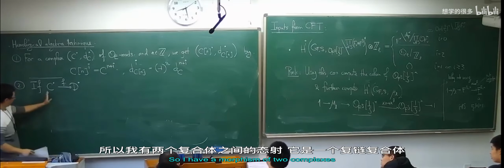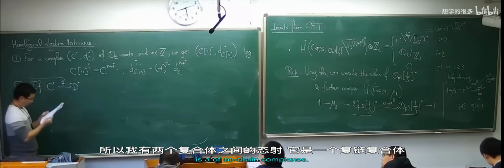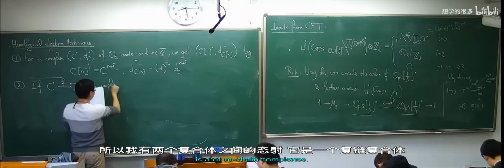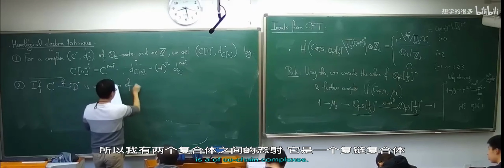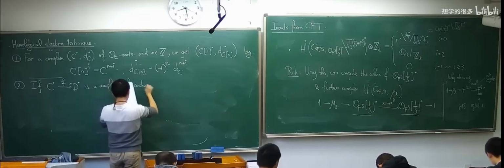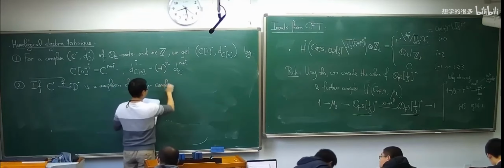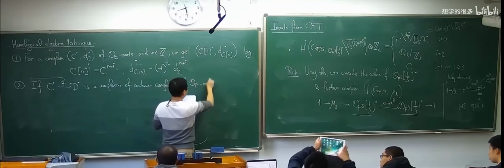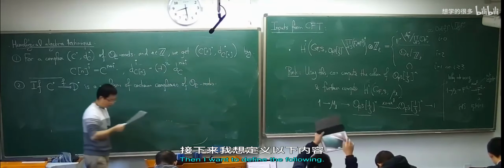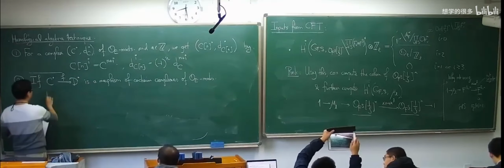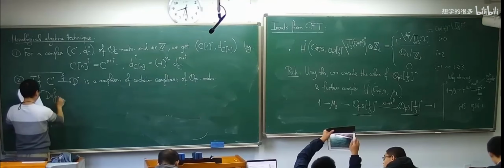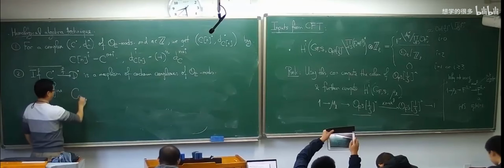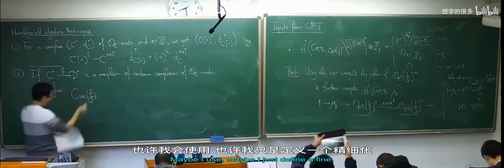Suppose I have a morphism f of two cochain complexes of OE modules, from C to D. Then I want to define the so-called cone of this map.